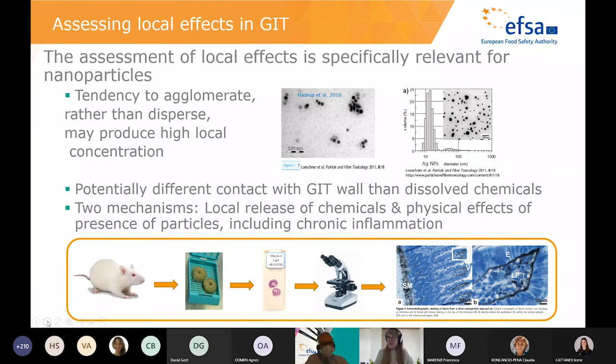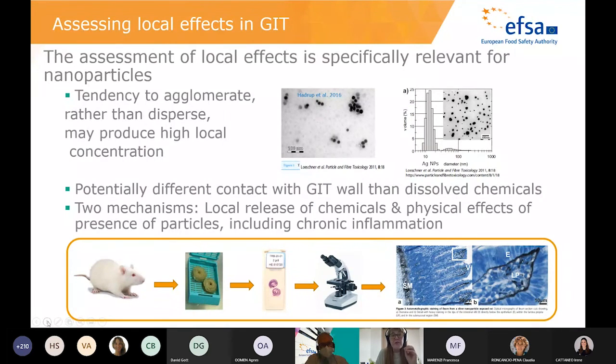And when we have this contact with the gastrointestinal wall, which is in fact the first surface of cells, enterocytes, and then modified enterocytes, so-called M cells on Peyer's patches, the contact can be harmful because the material releases dissolved chemicals from the solid matrix or from the vehicle given by gavage or from the drinking water, depending on the route of administration.